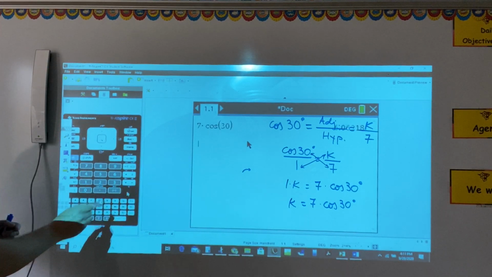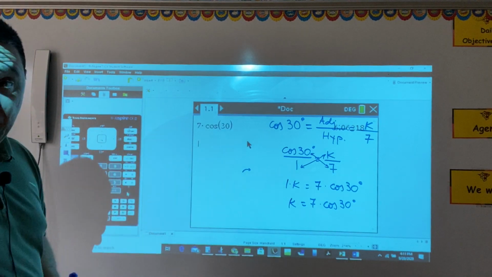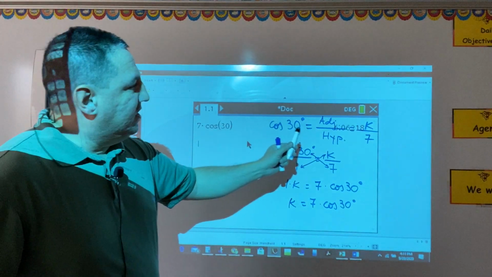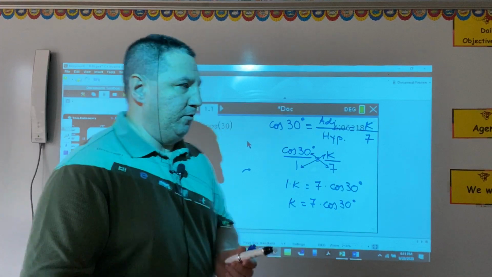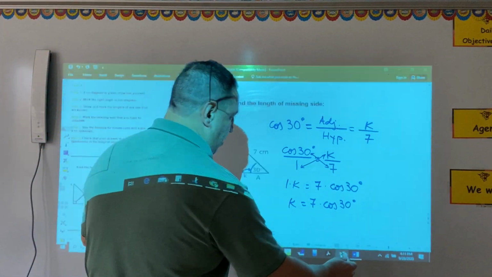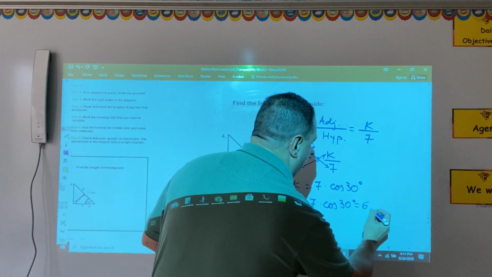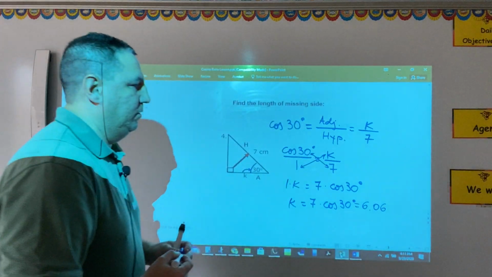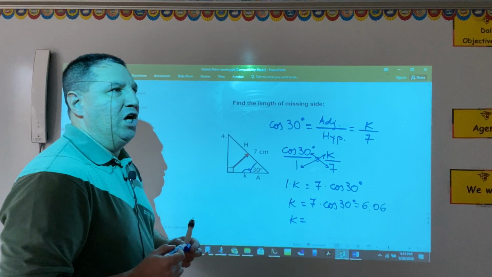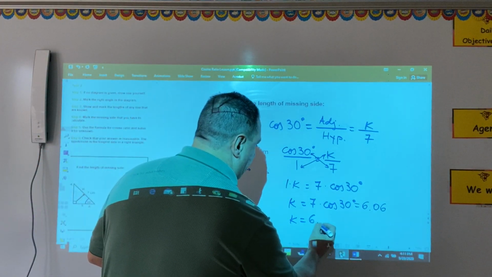Then we simply press enter. So we get 6.06. So K would be 6.06, or if we round to the nearest tenth, we have 6.1.